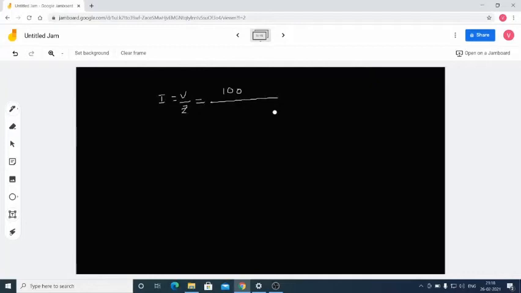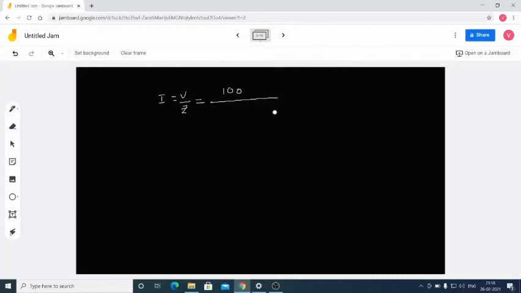Micro means 10 power minus 6. Finally we will get 40 ohms also. At resonance, the voltage drop across the inductor and the voltage drop across the capacitor are the same.